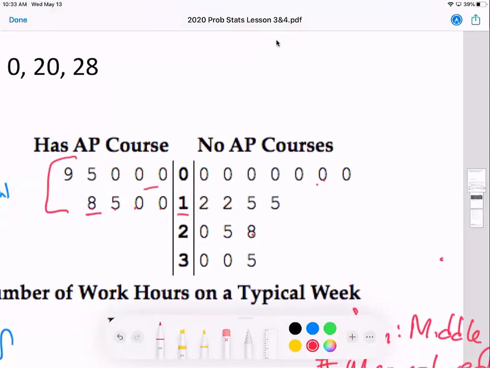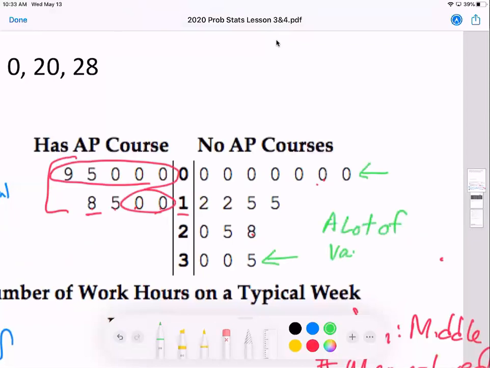But there's a lot of students here who are working 10 or fewer hours a week. Compared to, notice the variability here. You have students who are working 0, but you could have students all the way over here working like 30-hour weeks. That's a lot of variability compared to this side.